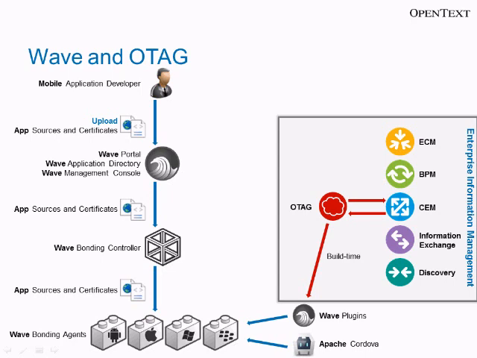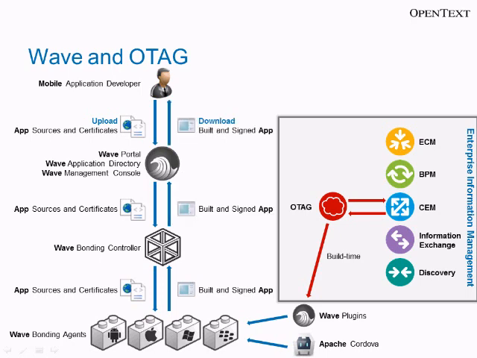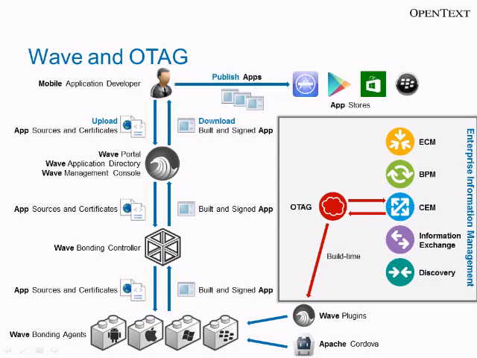So all these nice modules that we have as OpenText, we can access them through a generic method, and that generic method is the OTAG services. Once we have built the app, it's sent back to the Wave portal for the mobile application developer to download it. And once he's got that, he can publish it to the app stores if he's satisfied.